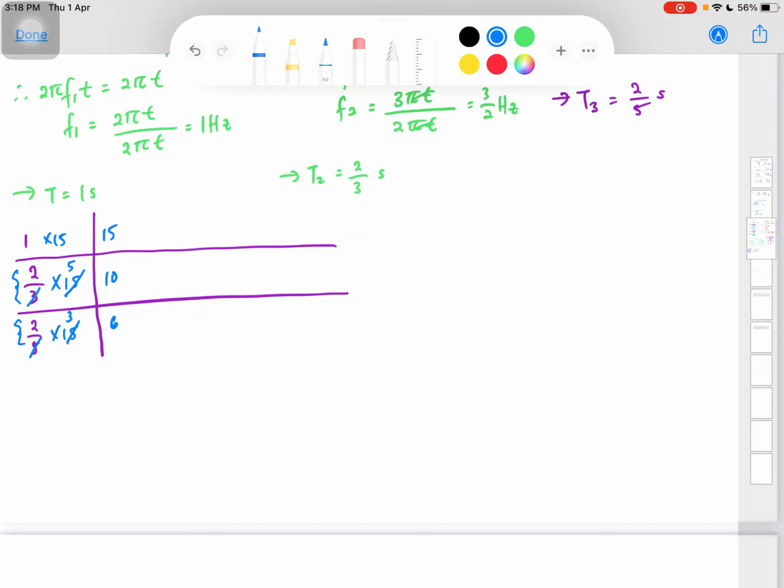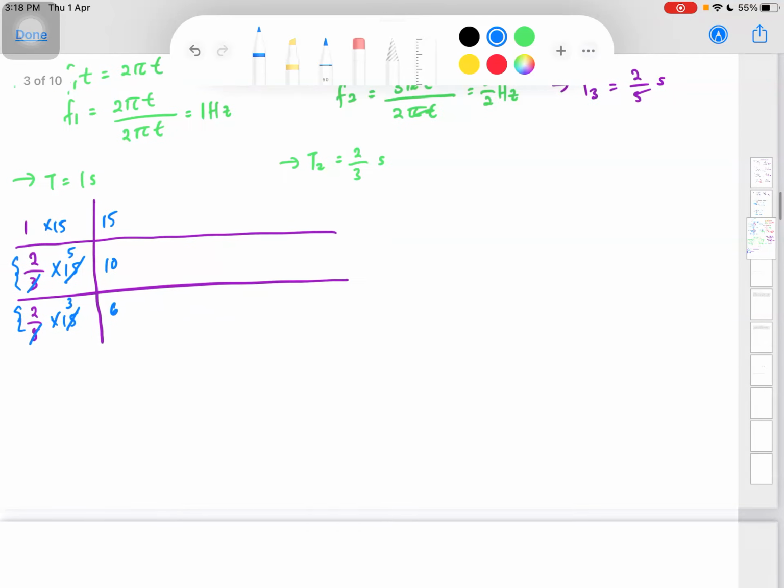Now next is to reduce these numbers to their prime factors. For 15 it will be 3 times 5. For 10 it will be 2 times 5. And for 6 it will be 2 times 3. Okay. Now we check the frequency for each number. Here we have 3 to the power of 1 because it appears only 1 time.